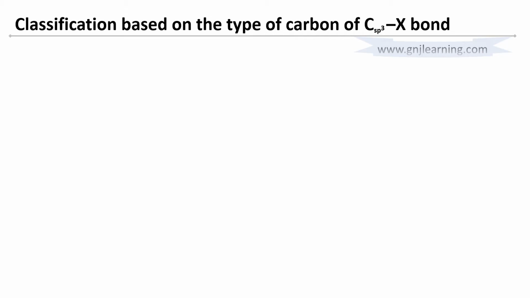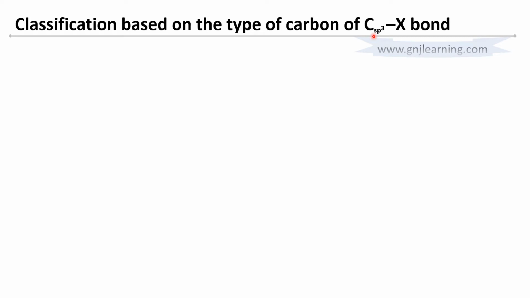Now we are going to classify the compounds based on the type of carbon. The carbon attached to the halo group will have a bond between carbon and the halo group inside the organic compound, and if that carbon is in sp3 hybridized condition, then we can classify such carbon into different types.